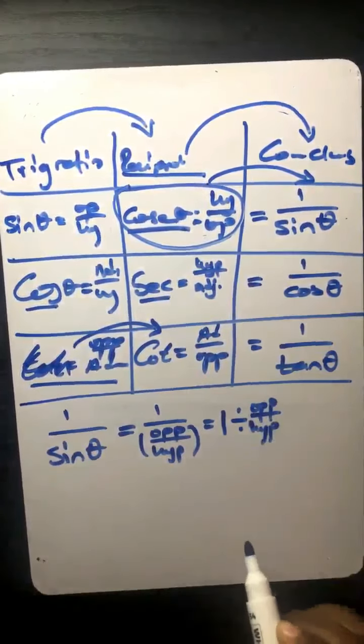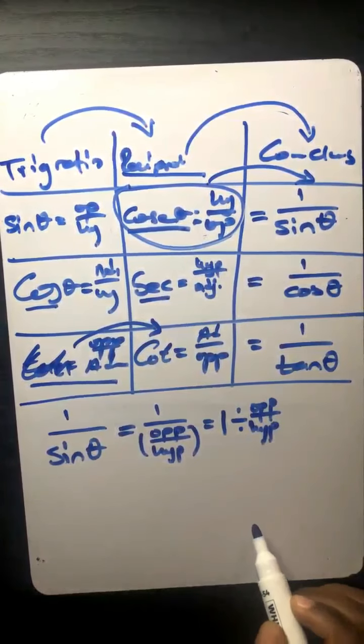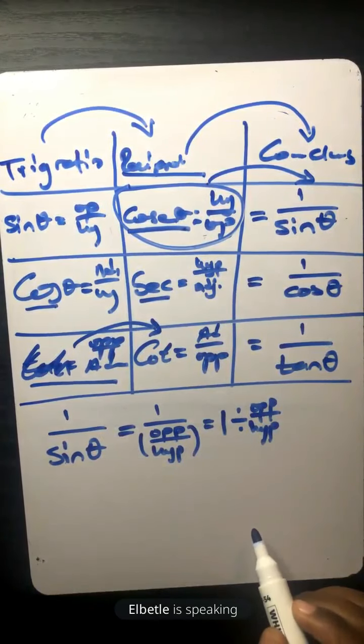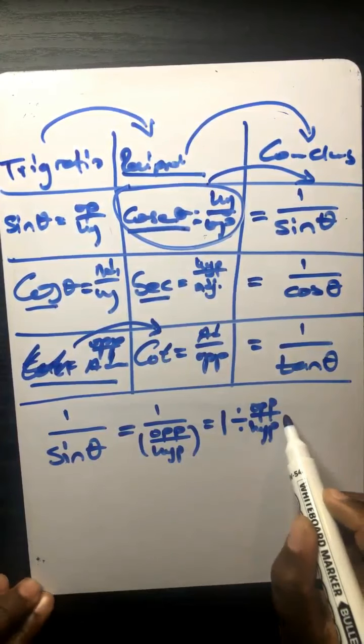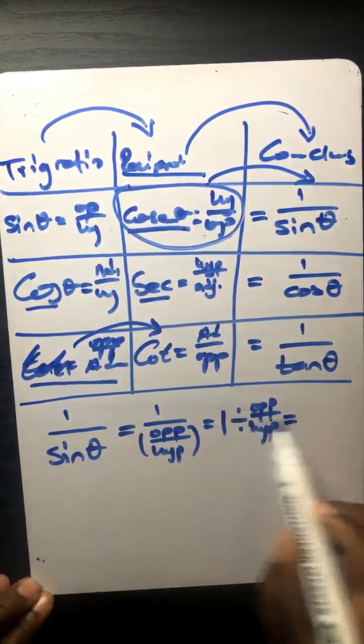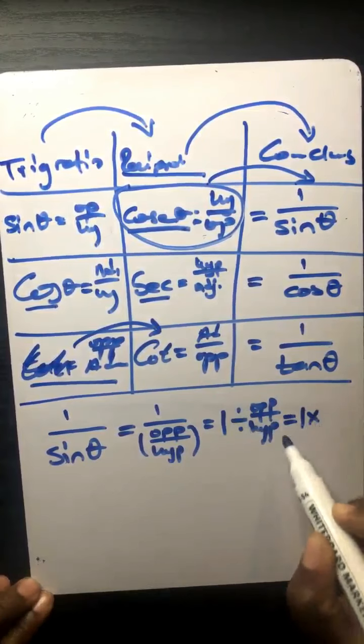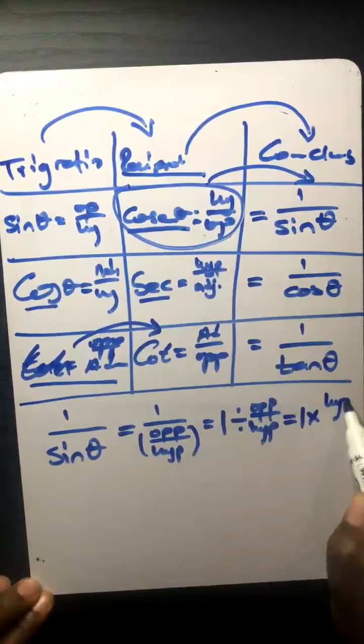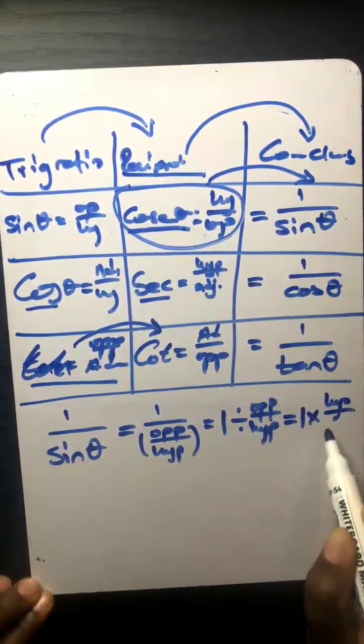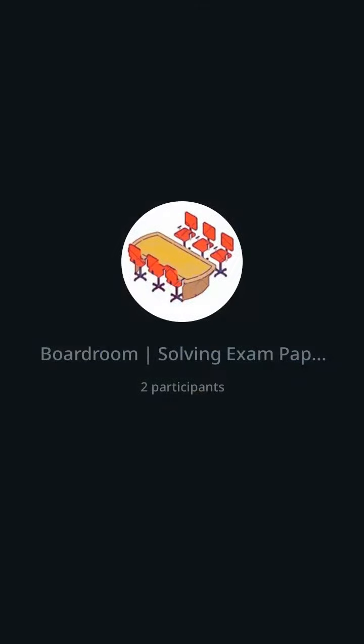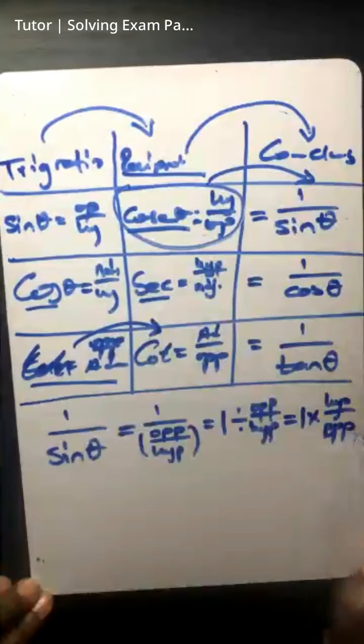Do you agree with me on that one, LB? Yes, sir. So do you also agree that that sign, we change it to a multiplication and we write that at the top as hypotenuse and this one at the bottom as opposite? Do you agree?